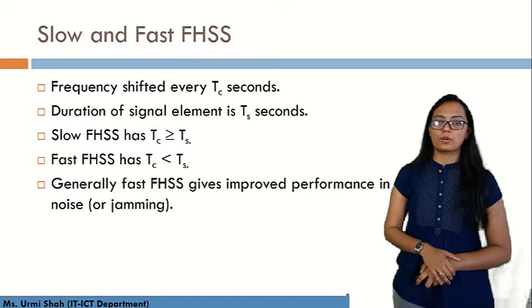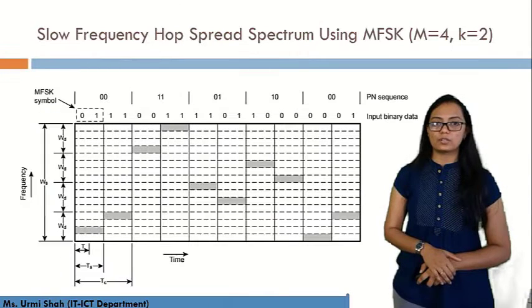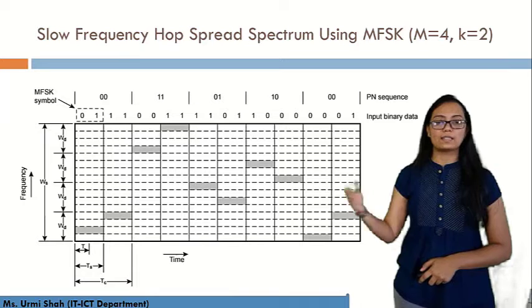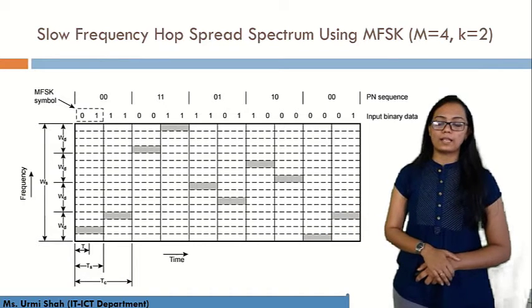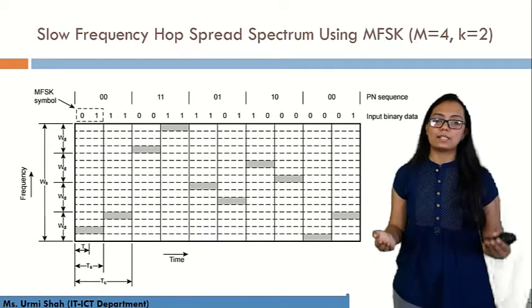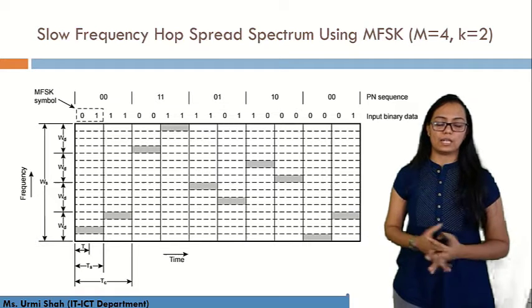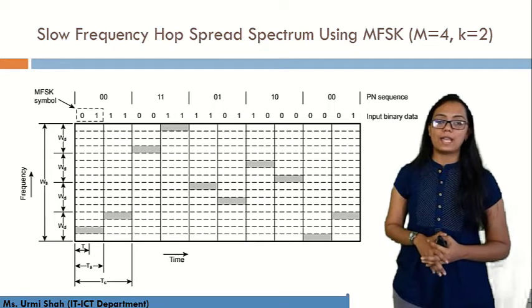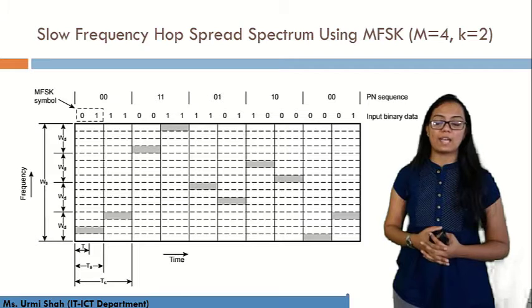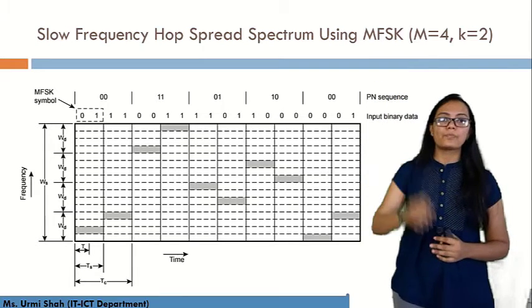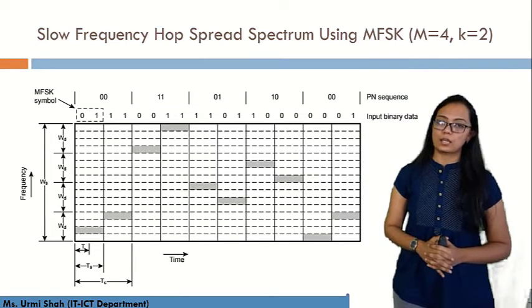Next, let's talk about another feature of FHSS. This is the diagram of the spread spectrum frequency hopping technique using MFSK. MFSK is multiple frequency shift keying. Here the M-ary FSK has M value as 4 and K value as 2.